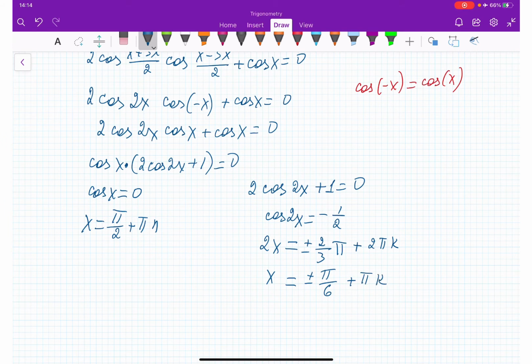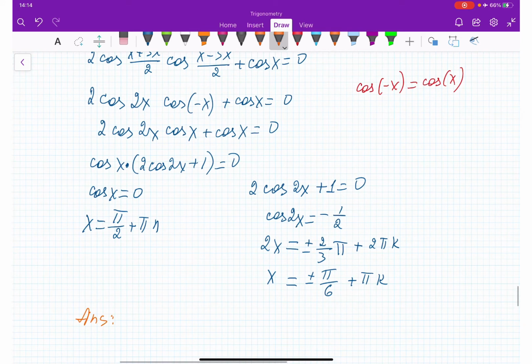Okay, so the answer from here: pi over 2 plus pi n and plus minus pi over 6 plus pi k.